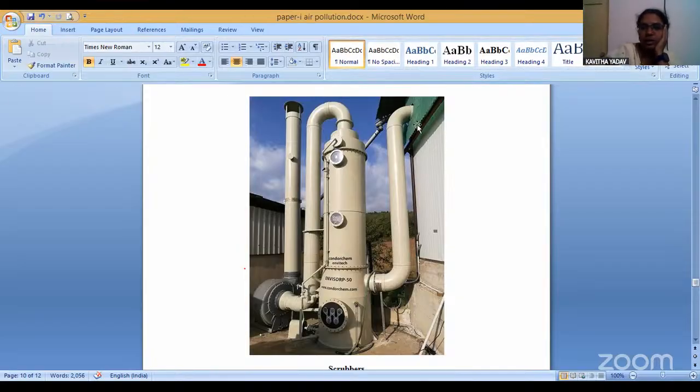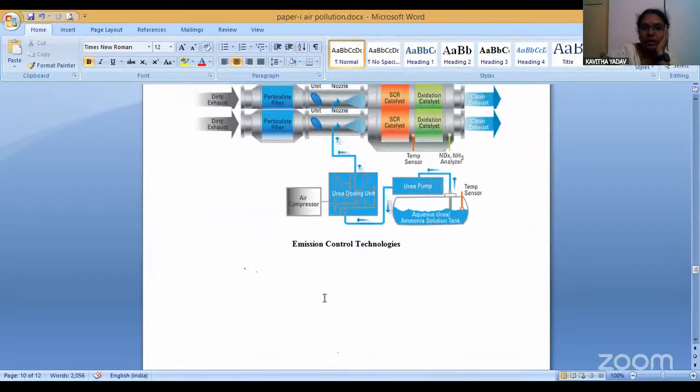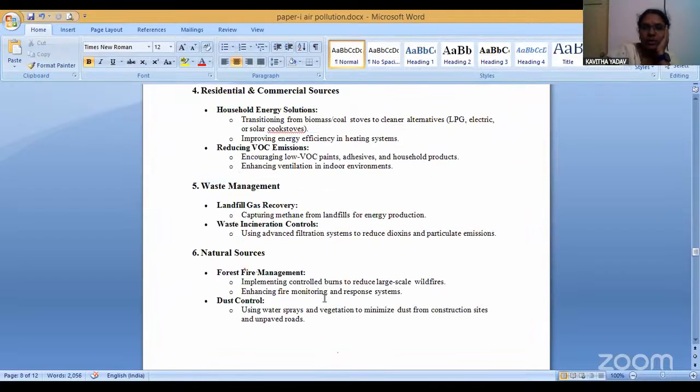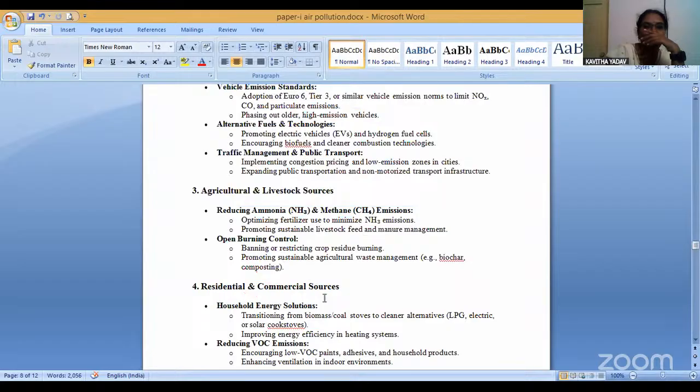So this is a scrubber. These are industrial scrubbers. Just wait. The importance of the scrubber that I mentioned here, I am just going to show you.